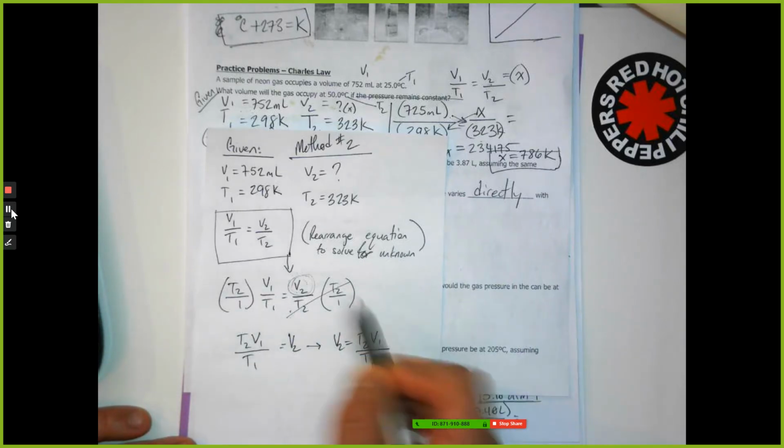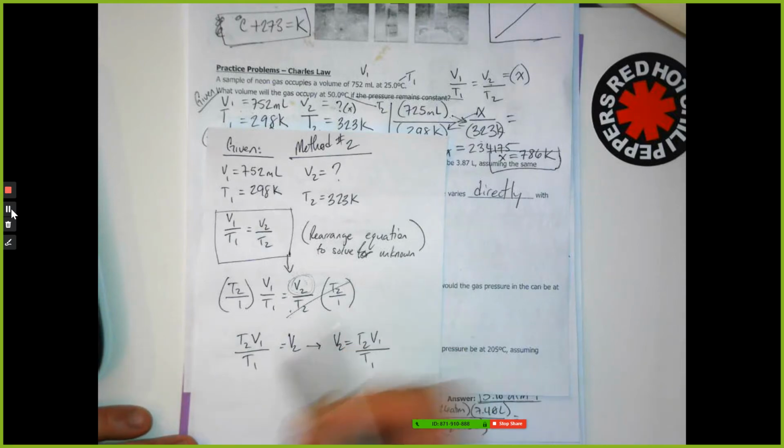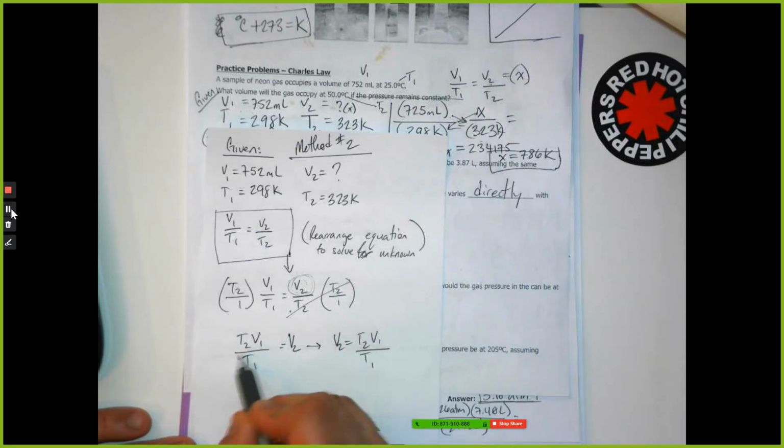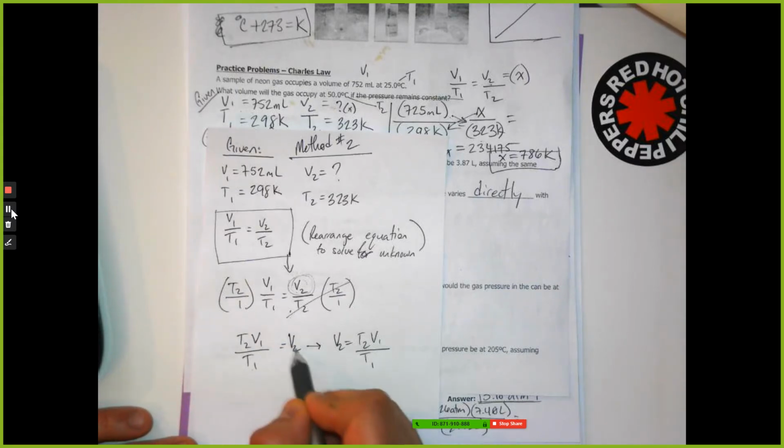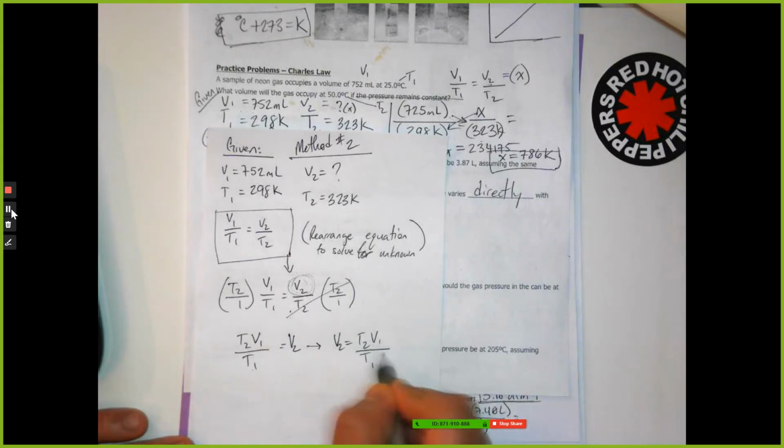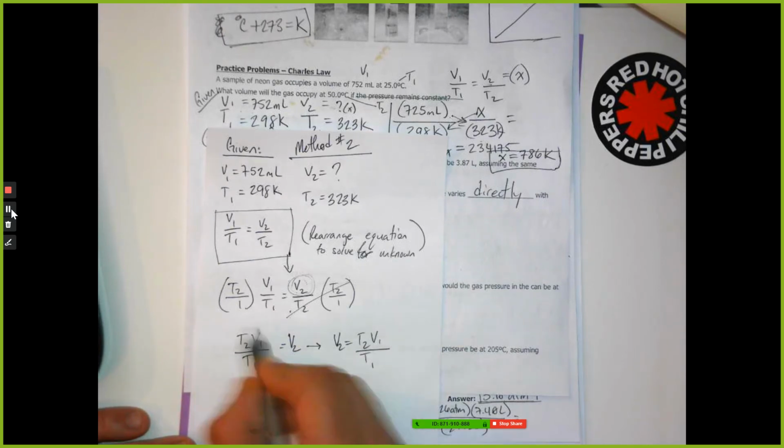And so you can see T2 goes away, and then your equation becomes T2 over T2 times V1 over T1 is equal to V2. Then I just rewrote it because I like to write my equal sign to the right of my variable. It's the same equation, okay?